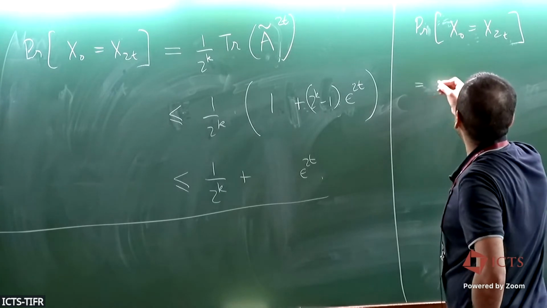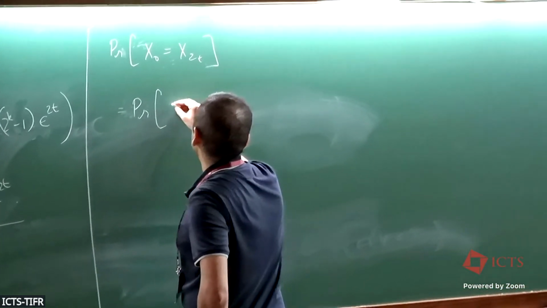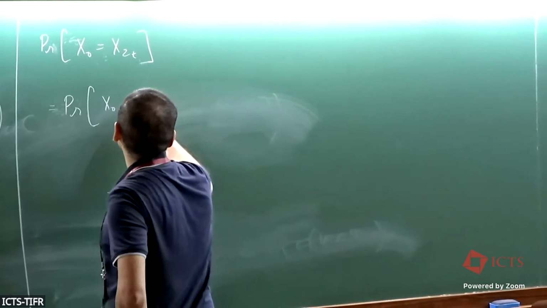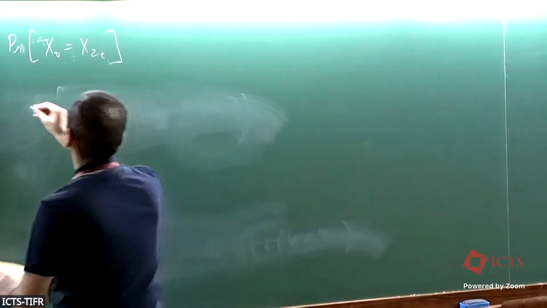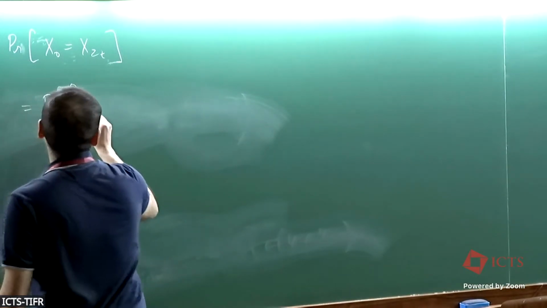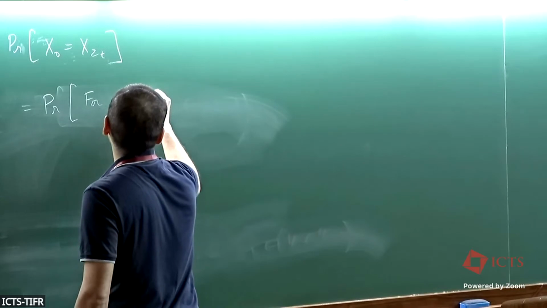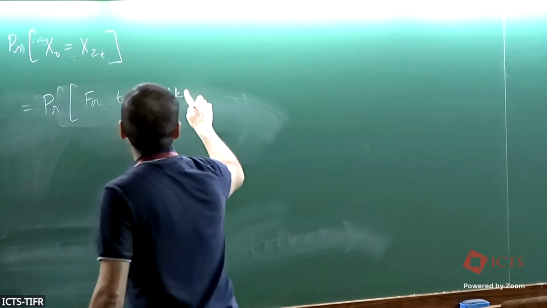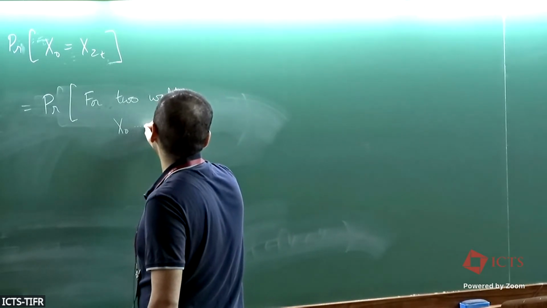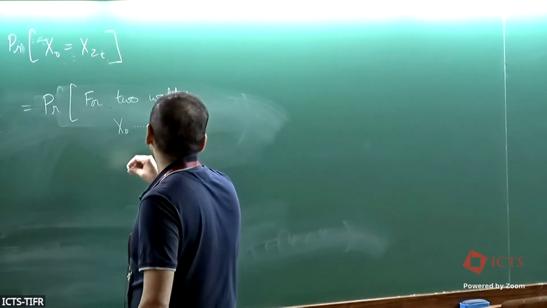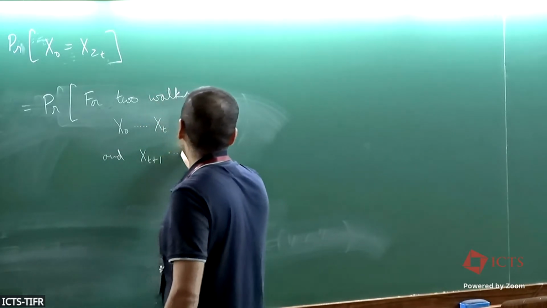This is the probability that, so we sample 2 walks, x0 up to xt and xt plus 1 up to x2t.